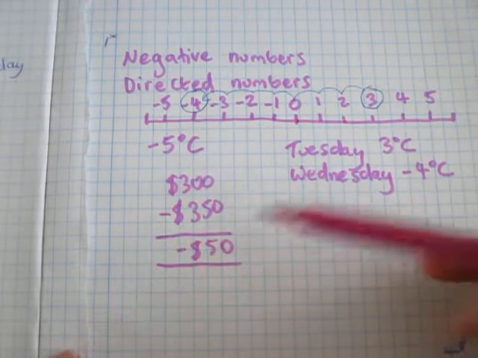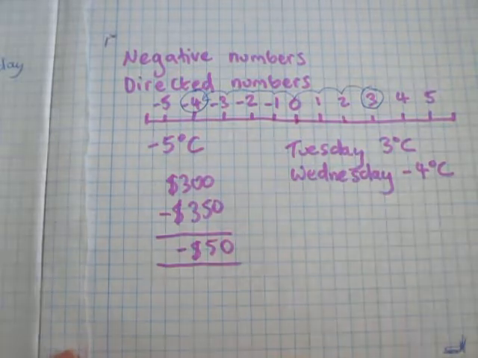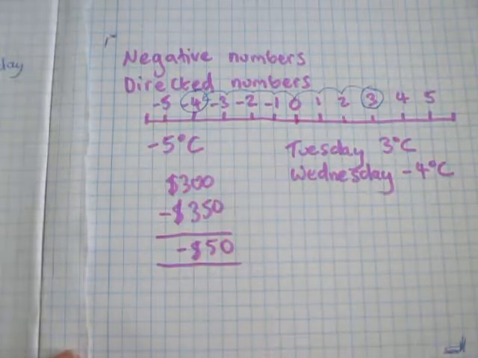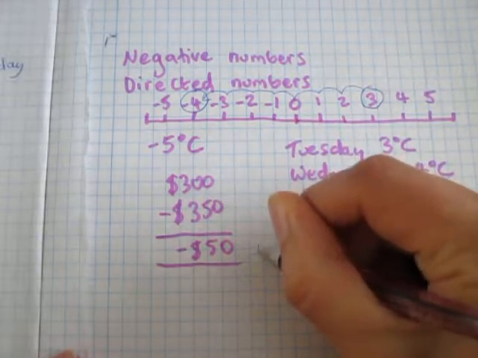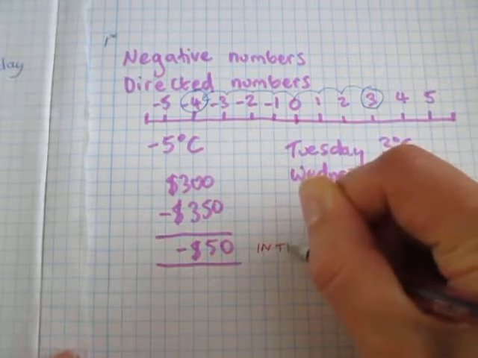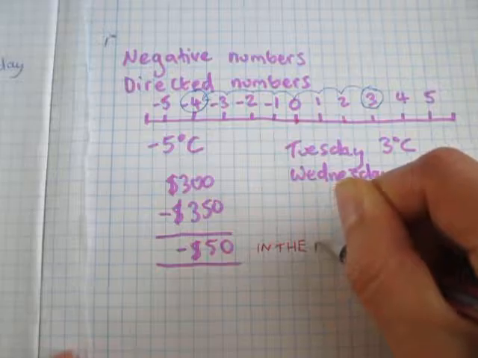But what does that mean, that -$50? Well, that means that you owe the bank $50. So you're in the red. If you live in America, it's called being in the red. And your bank account is in the negative.